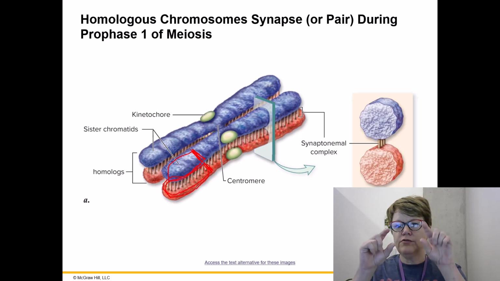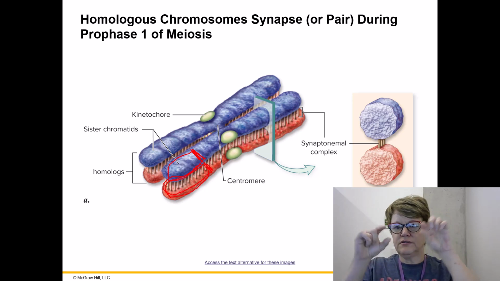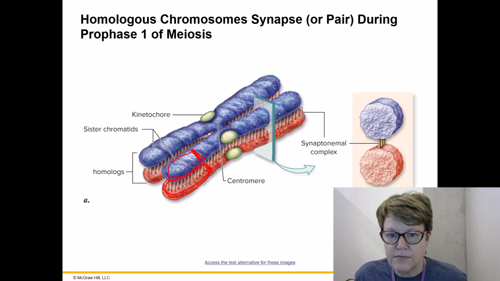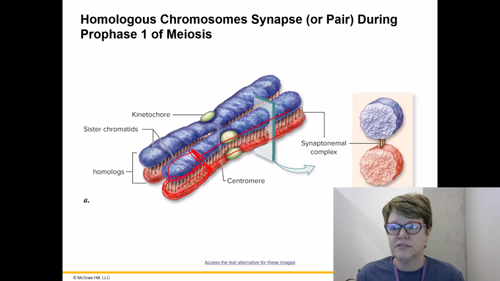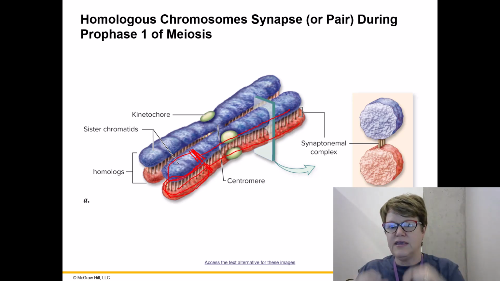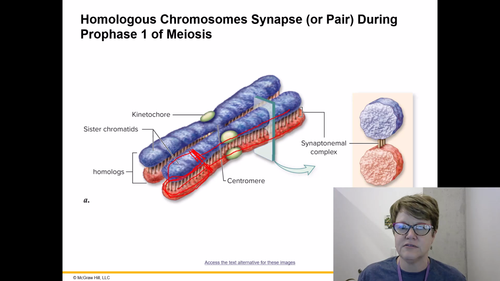So just on one sister chromatid of each of the homologous pair, they break in the same place and then they swap. So this red piece will end up attached to the rest of this blue chromosome, and the blue piece will end up attached to the rest of this red one. But there's really no problem there because remember, they have the same genes in the same order, so they're just swapping equal corresponding segments.